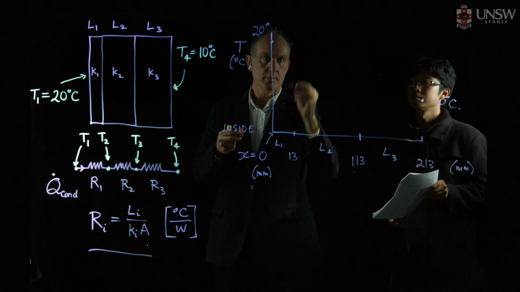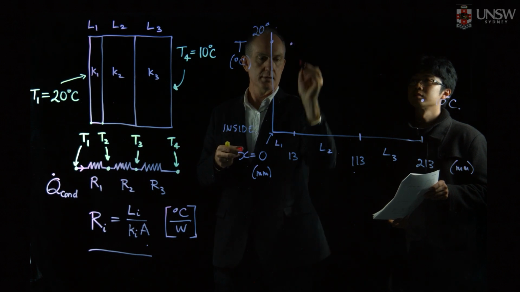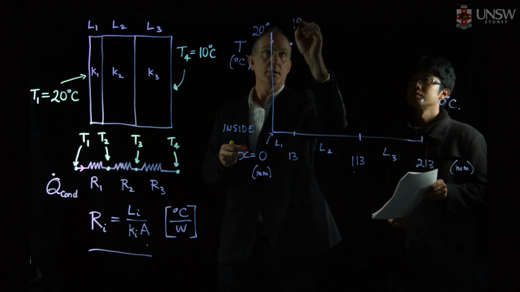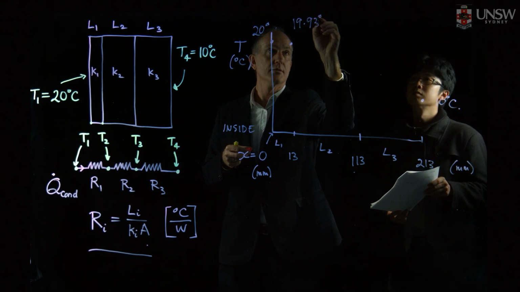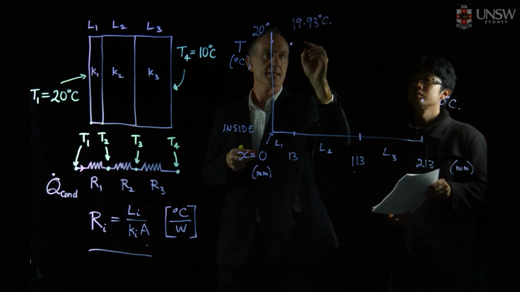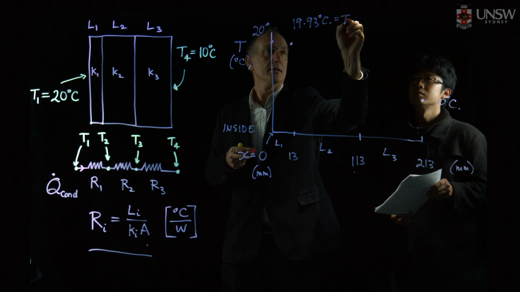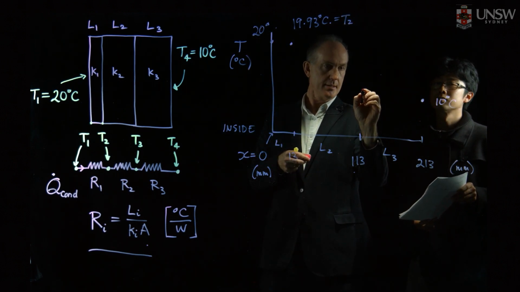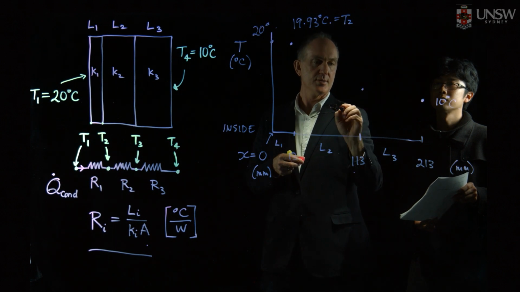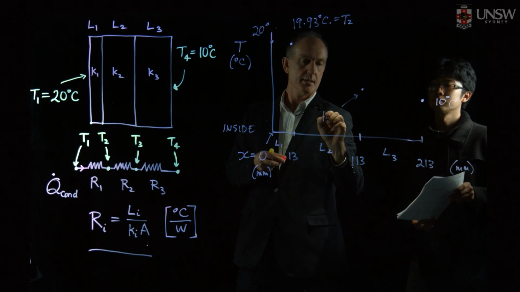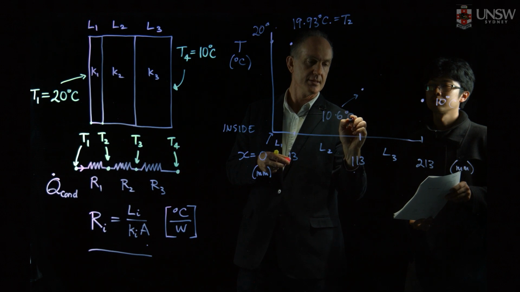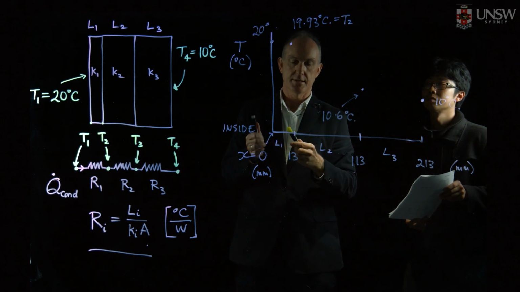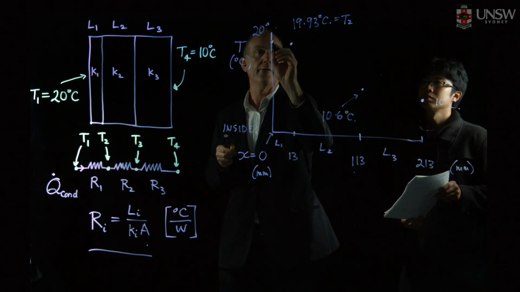Perhaps I'll put the dots on. 19.93 degrees Celsius is T2, and this one is 10.6 degrees Celsius.